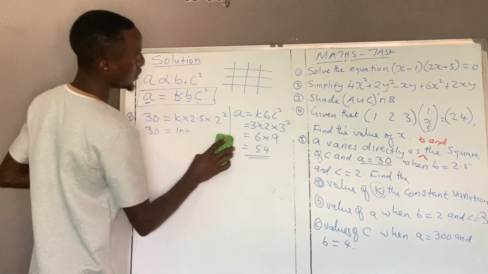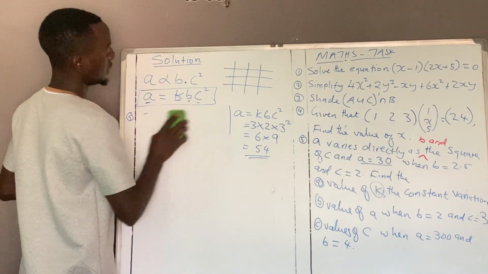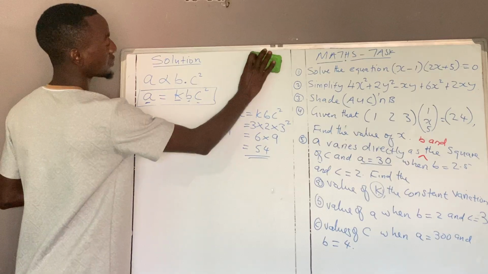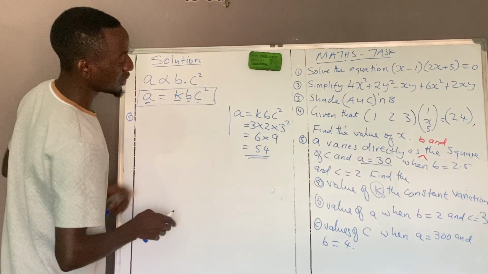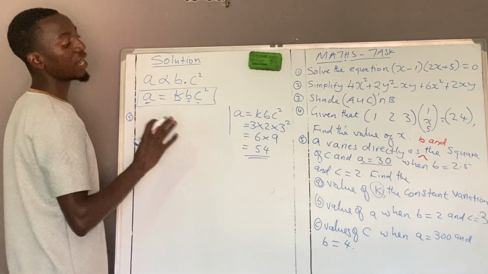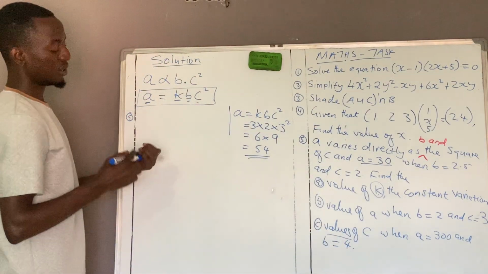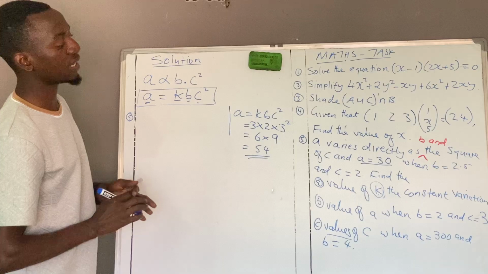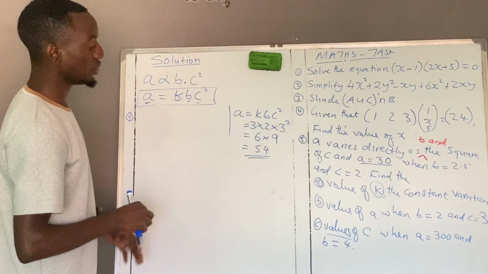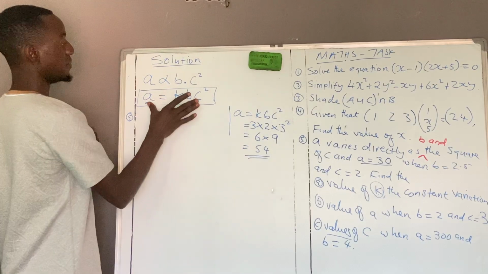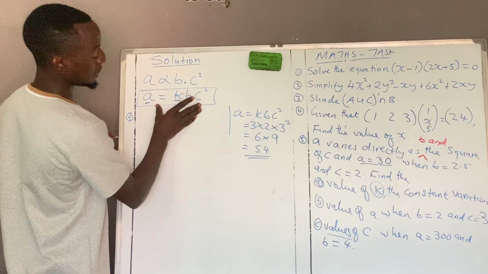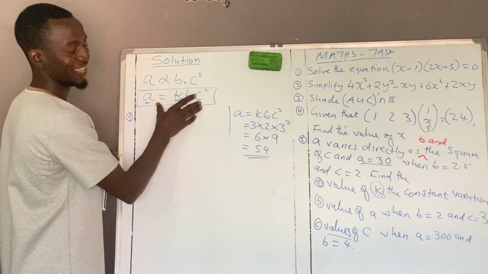Okay, so now let's go ahead and solve the last question. It says you're supposed to find the values of C when A is equal to 300 and B is equal to 5.